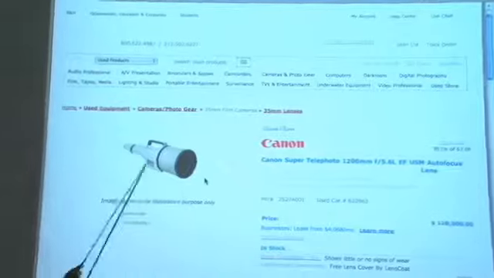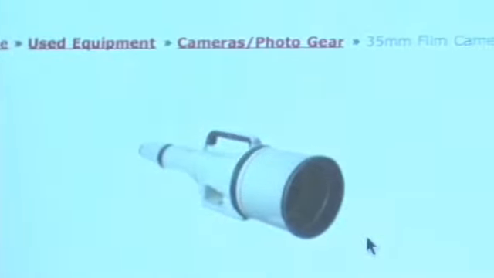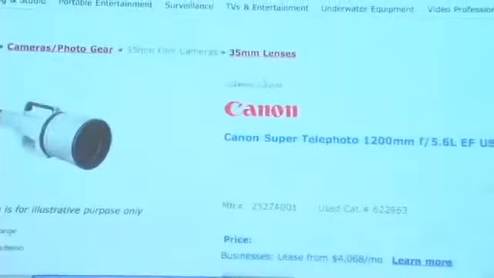Oh yes, here it is. Okay, so this is the lens, and again, it looks small, but this is not a handle for one hand. It is a very large device, and you can see the price over here.